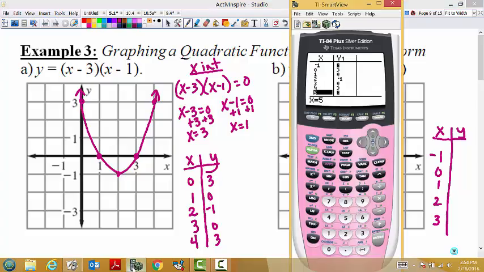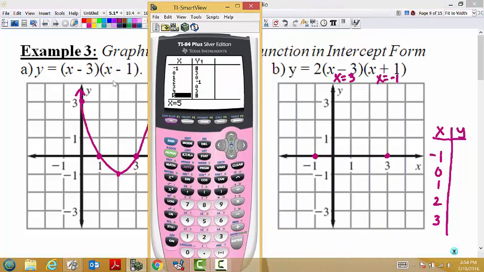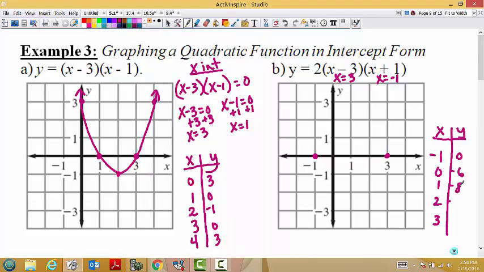So we're going to go back over to our calculator. Some of you still haven't opened your calculator. Shame on you. X plus 1. Second table. Let's see. 0, negative 6, negative 8, negative 6, 0. Oh, look, it's off the graph.